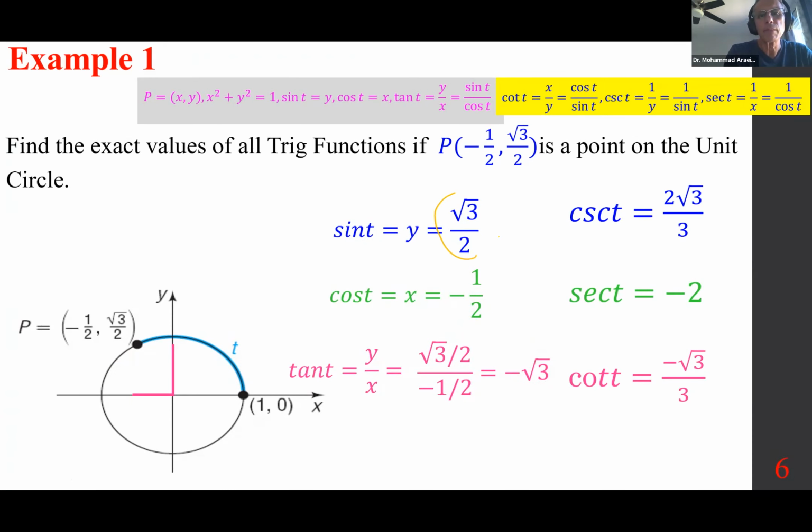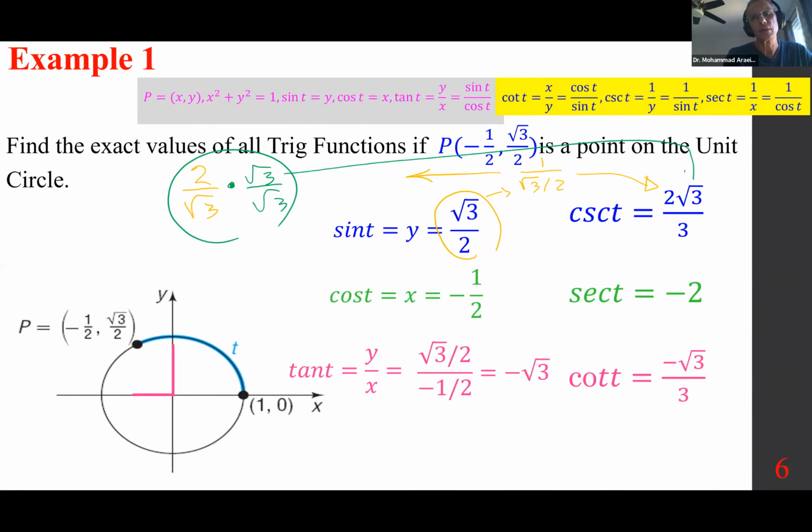this one, 1 over square root of 3 divided by 2. And again, just in case anybody has any problem, it's 2 over square root of 3. If I rationalize it, I get this.